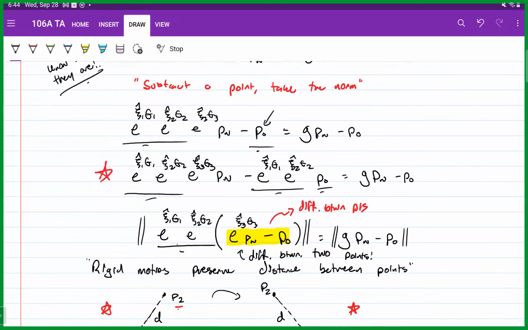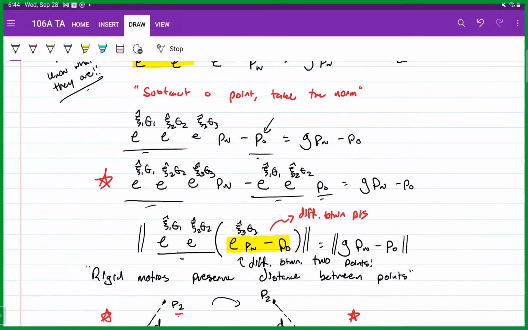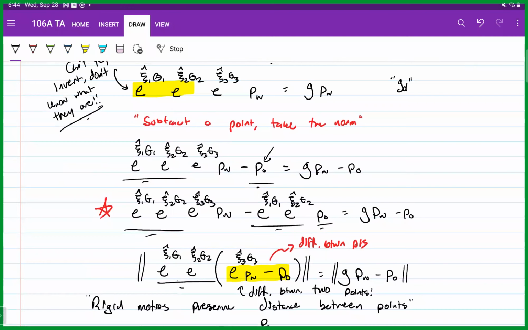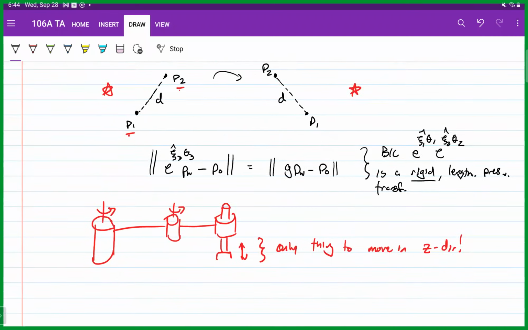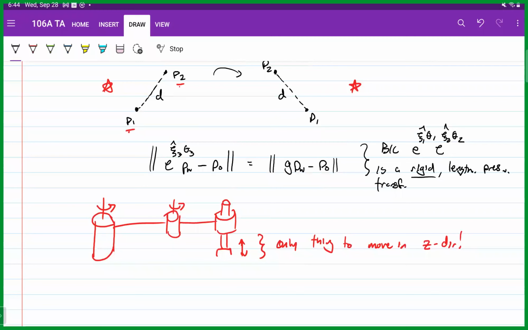Right. Just a quick question about the question from discussion. Yes. Like this one here. I was just thinking, wouldn't the second joint still be able to flip that axis?